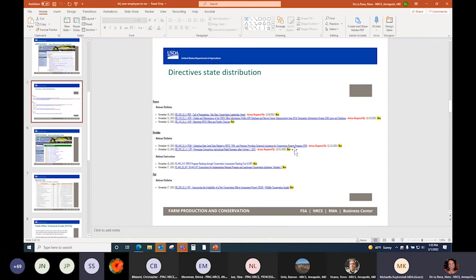So, like I said earlier, when they look at one of these that have an action, sometimes there are deadlines that are very short notice, and it comes from national headquarters, which we don't have any control over.